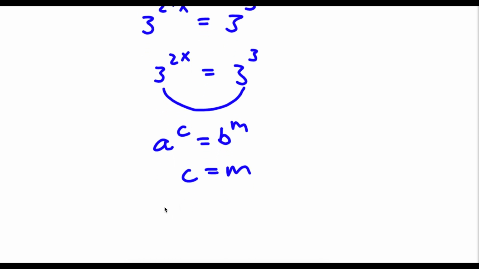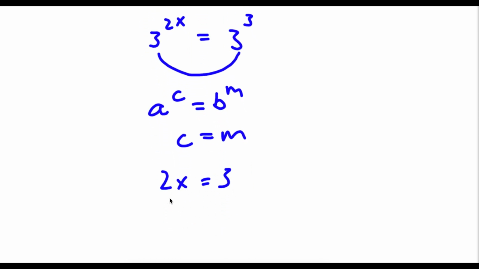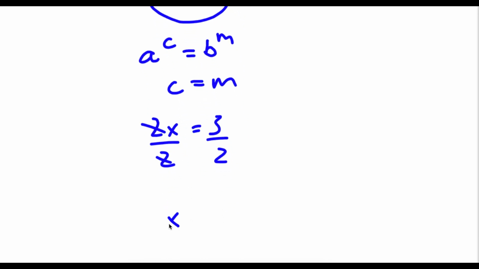So in this case, 2x is equal to 3. Now to solve this, simply divide both sides by 2. These two cancel out, and I'm left with x is equal to 3 over 2.